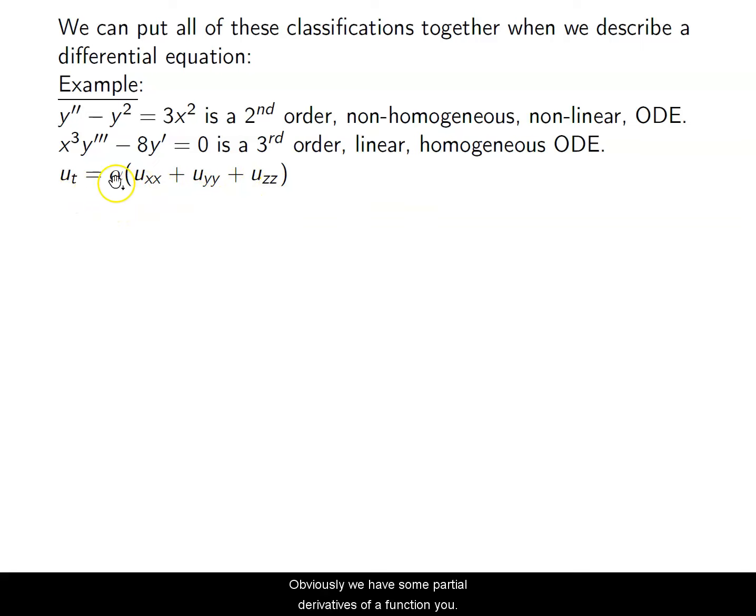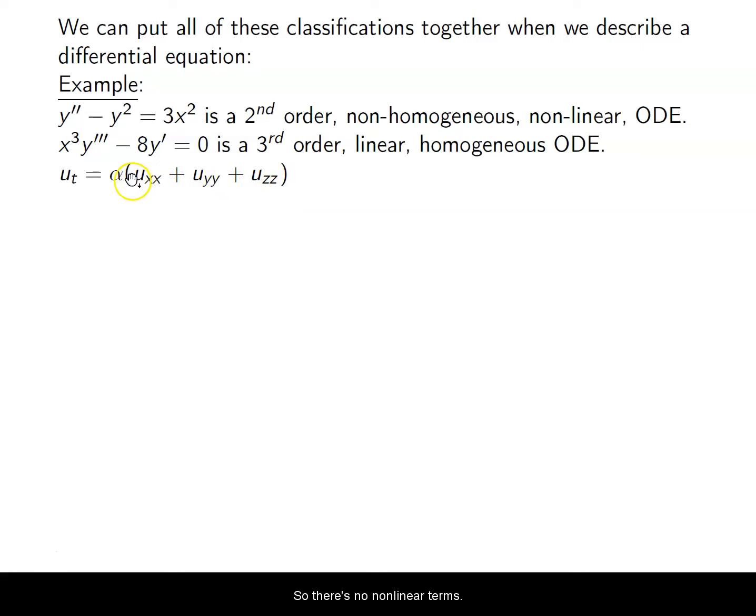Okay, here obviously we have some partial derivatives, right? So the function u, the partial in terms of t, is going to be equal to some constant alpha times the second partial of u in x, the second partial of u in y, and the second partial of u in z, right?